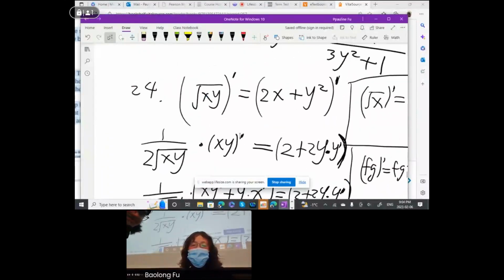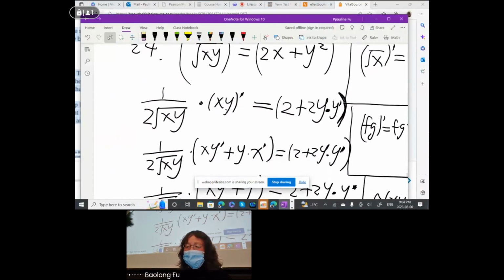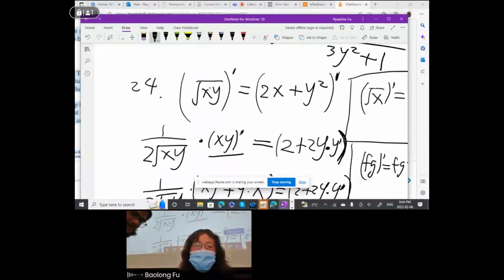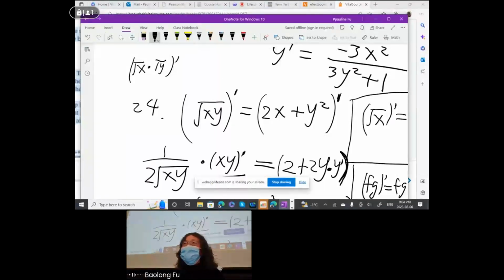This question only, instead of using the chain rule, can you directly apply the product rule? Because square root of xy equals square root of x times square root of y. Oh, you want to directly apply the product rule to square root of x times square root of y? Yes, of course. Go ahead. Thank you. Remind me your name. Emma. Thank you, Emma, for raising that question.